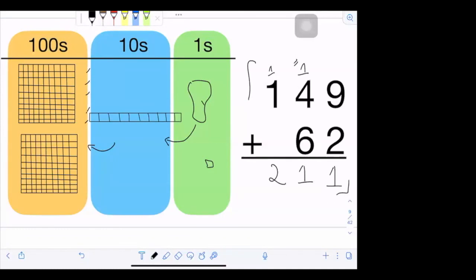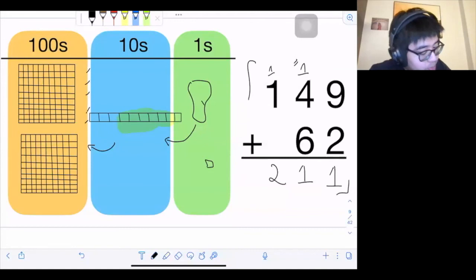And actually, ito mismo yung bagong box na i-drawing natin. At sa gayong paraan din, yung 10 bar dito sa tens, naging isang grid, no? Or square dito sa 100s para lang mas malinis.